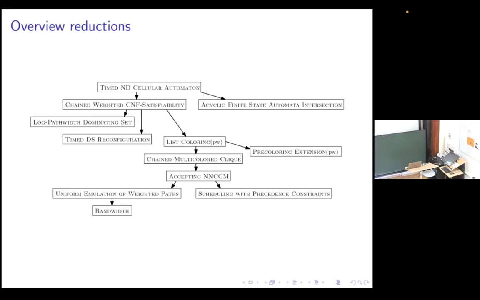One of my favorites is the accepting NNCCM. Then an intermediate problem, which I actually already mentioned, is in my thesis in 1986. So that's even earlier, right? And then we go to pathwidth.